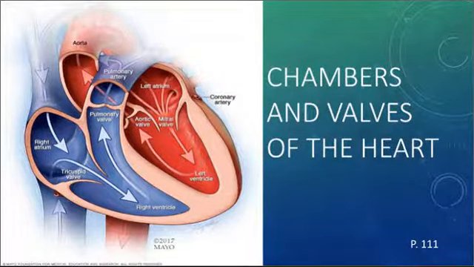Chambers and heart valves. You have two atriums and two ventricles. Right atrium receives deoxygenated blood from the body. It comes in through the superior and inferior vena cavas and the coronary sinuses, the ones on the heart itself, drain.